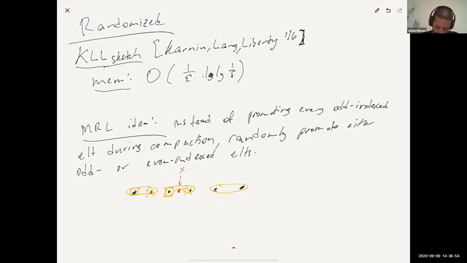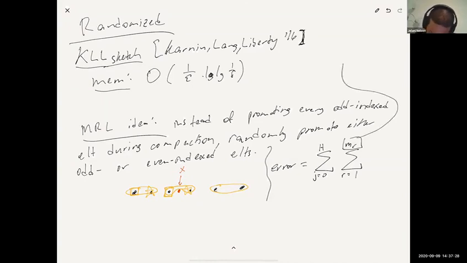So now the error is equal to the sum, j goes from 0 to H, and the sum from, let's call it, r goes from 1 to M_j, where M_j is the number of compactions at level j, of 2 to the j minus 1 times eta_jr times sigma_jr.